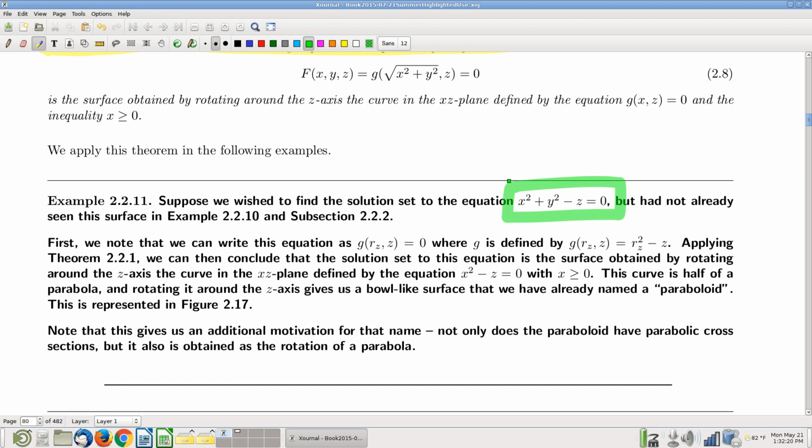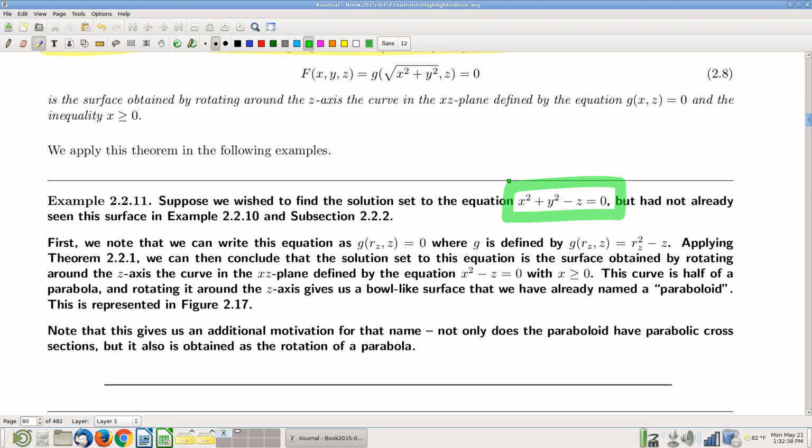Now let me show you how easy this is using symmetry. Step 1. X and y appear only in the special form. Ergo, rotationally symmetric around the z-axis. That's nice, right?